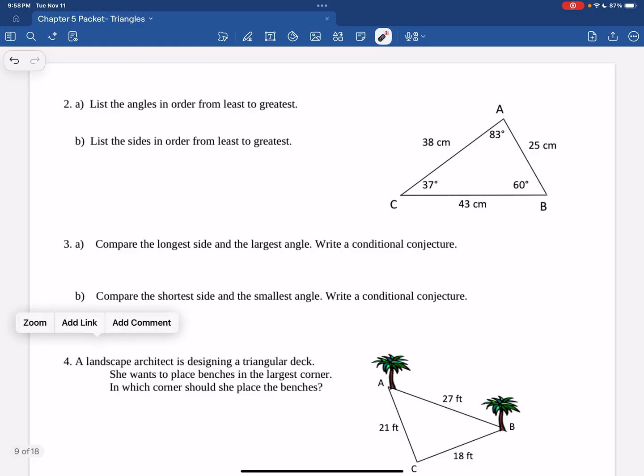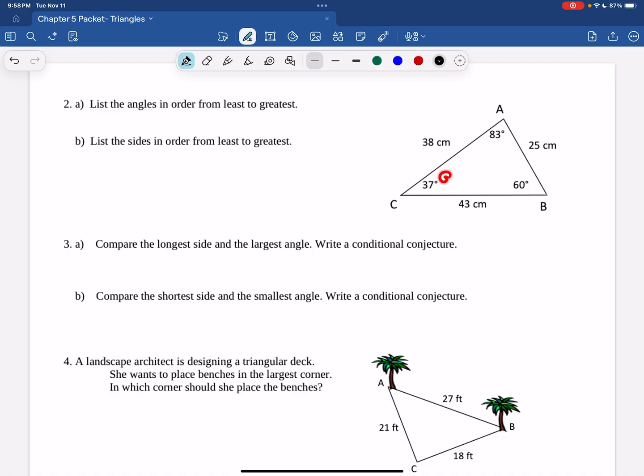So first thing I'd like you to do here in letter 2, it says list the angles in order from least to greatest. So the 37 is the smallest, and 60 is the medium, and 83 is the large.